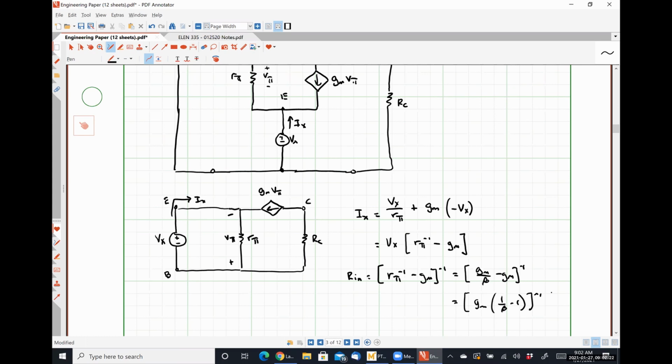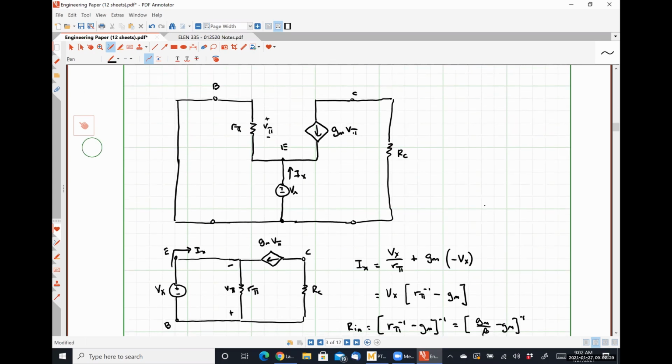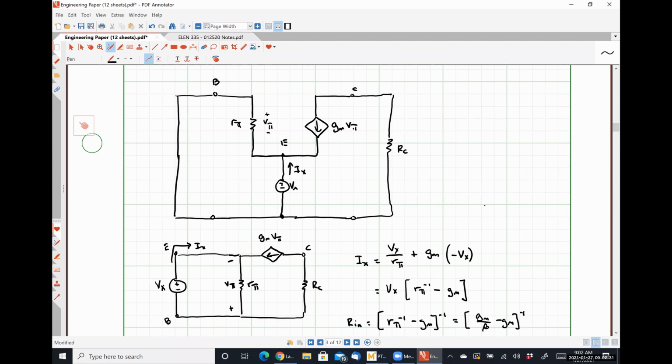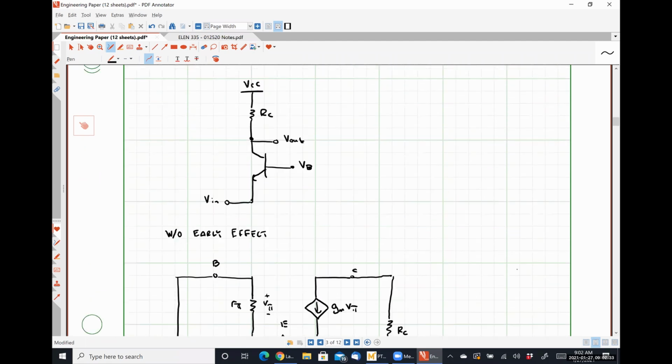So I'm trying to figure out what silly mistake I've made here. So if I look at my small signal model, everything seems legit there, right?